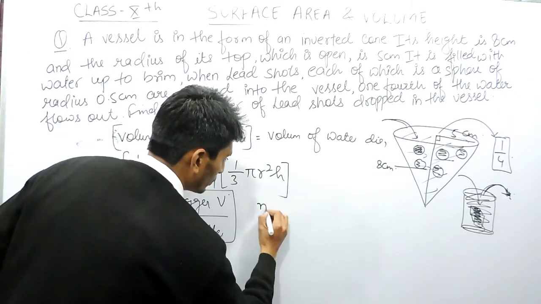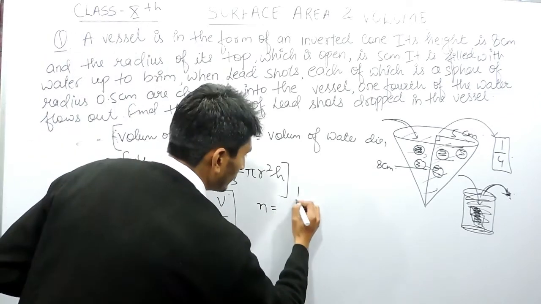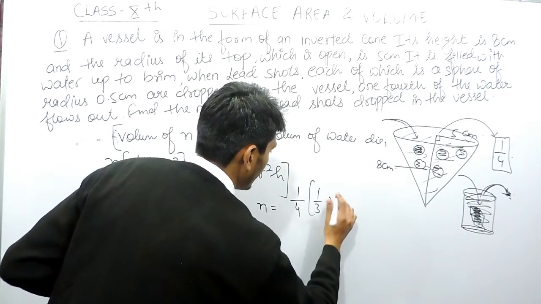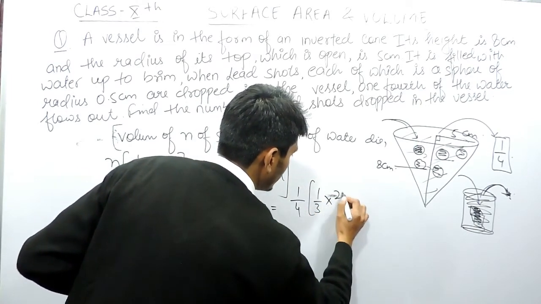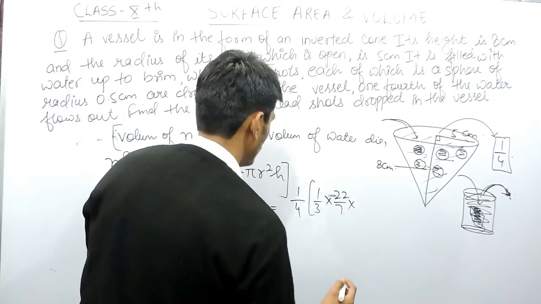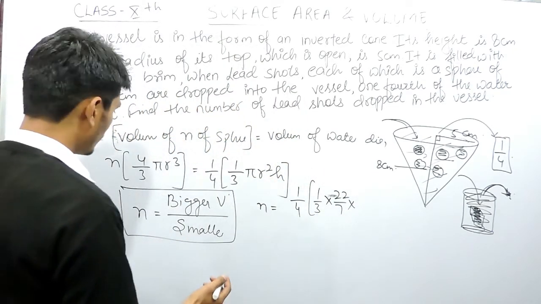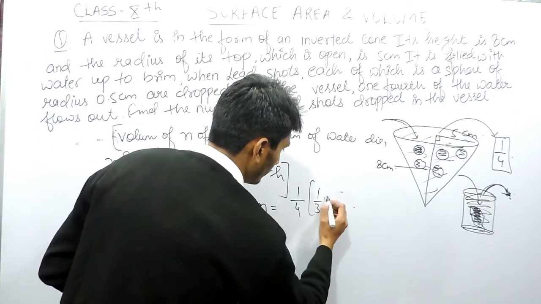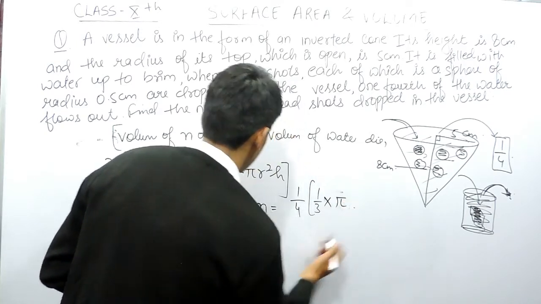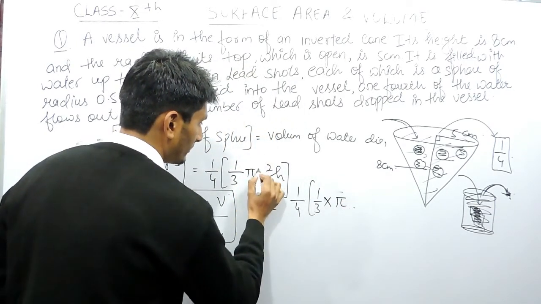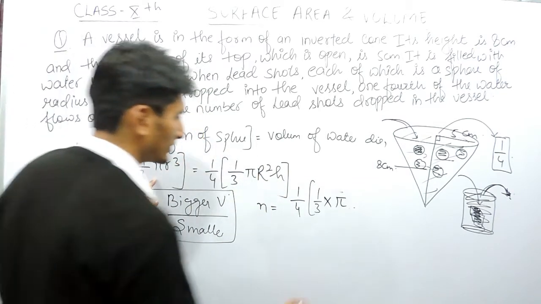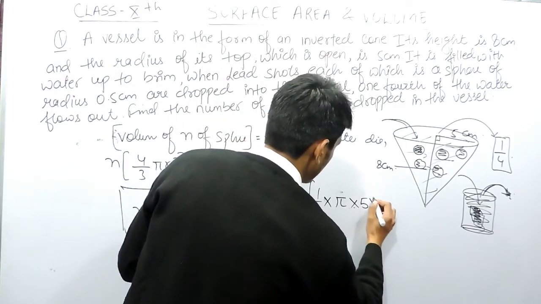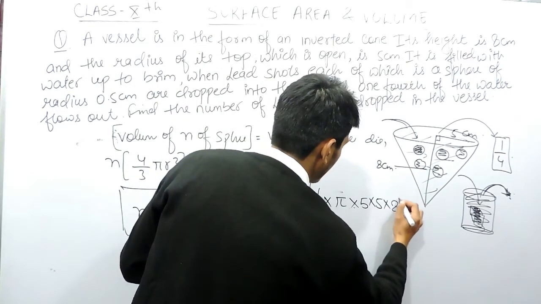Now n will be equal to, bigger volume is 1 by 4, 1 by 3, pi. You can cancel the values of pi here; you don't need to solve it. 1 upon 3 pi, this r is different for both. The radius of cone is 5, multiplied by 5, multiplied by 8.